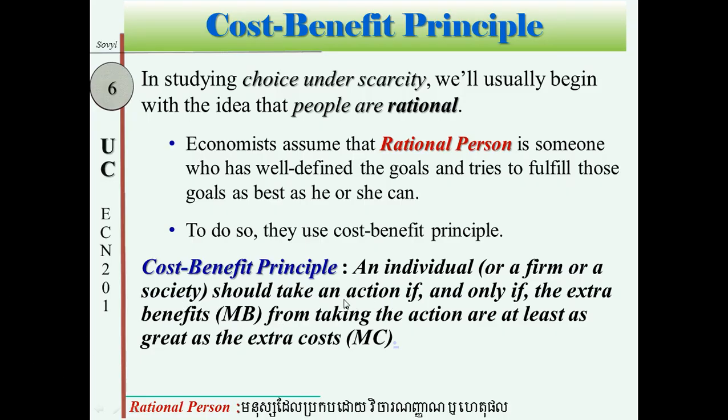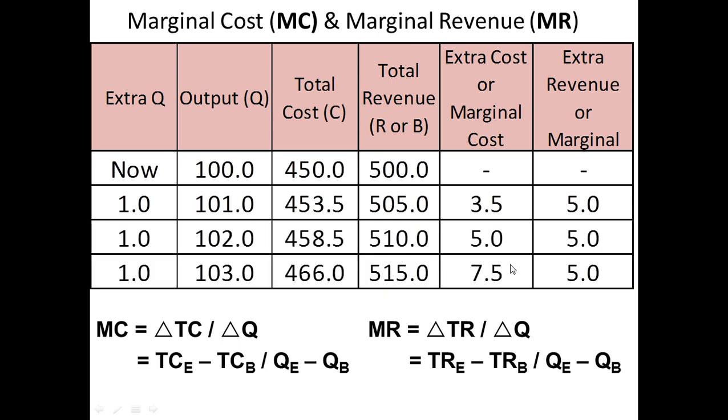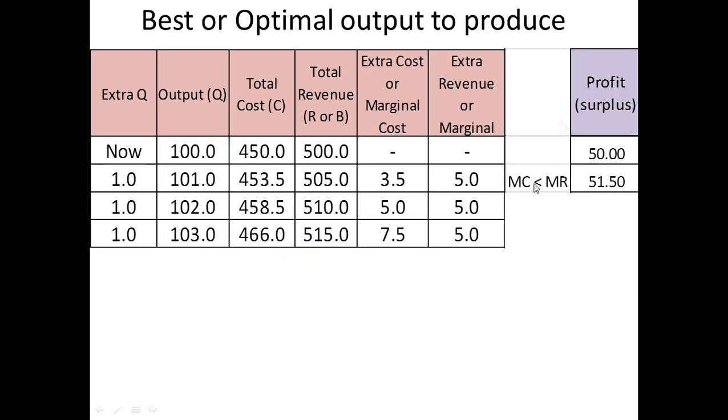So this is about marginal benefit and marginal cost being equal, or at least greater than. At least greater than, that means greater or equal. Okay, greater or equal. So look at this one. Just MC smaller than MB.